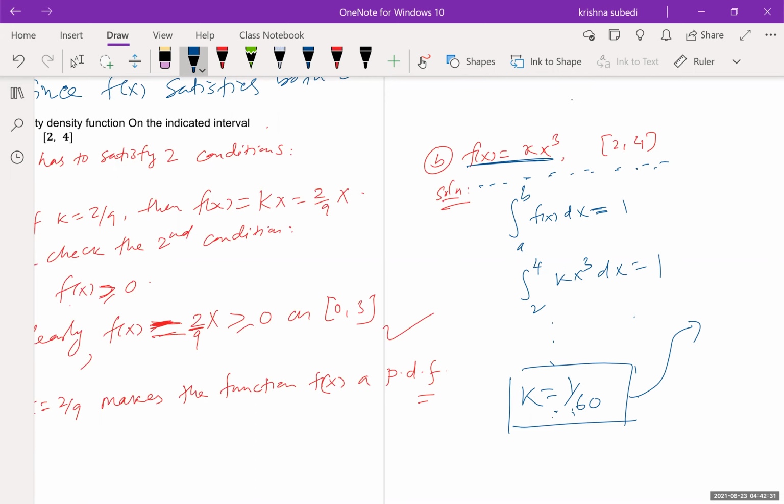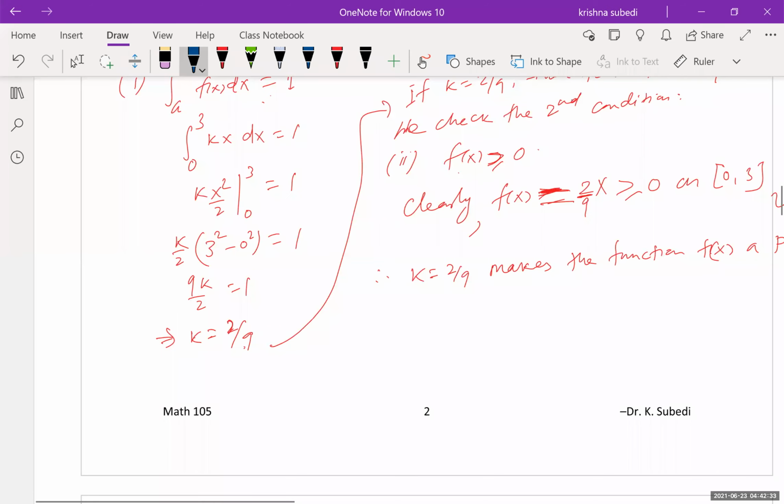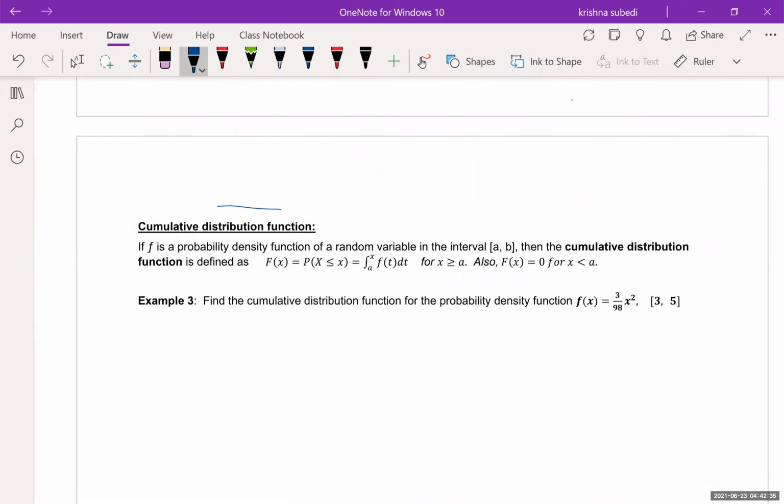Now the next concept that we'll be talking about is the cumulative distribution function. It may be beneficial to you to recall from your high school statistics what is the meaning of cumulative.